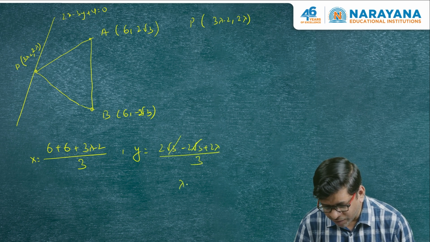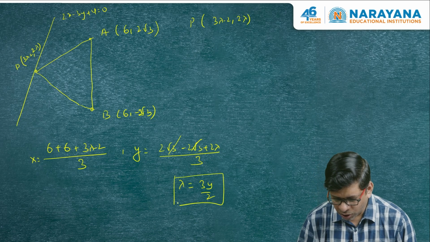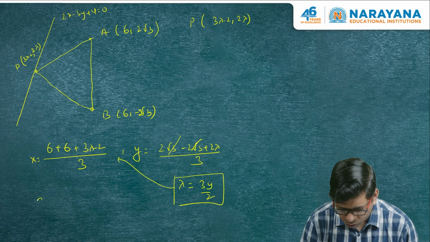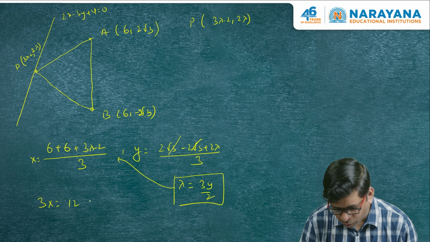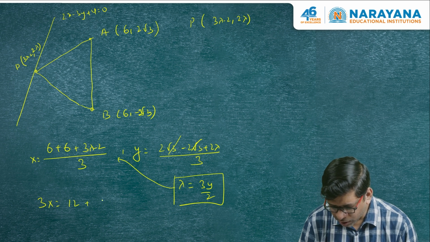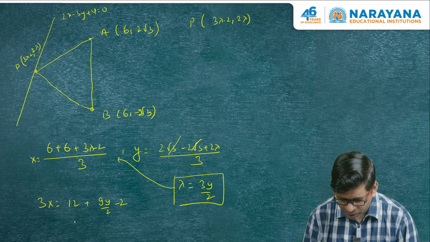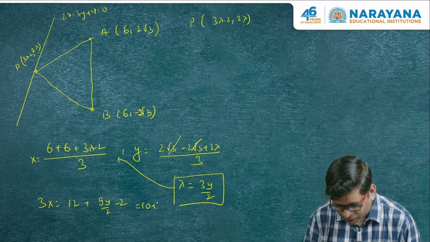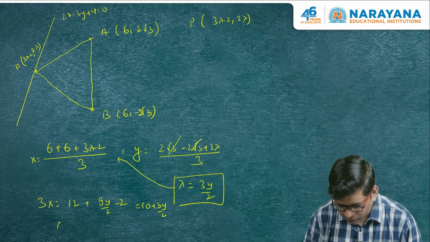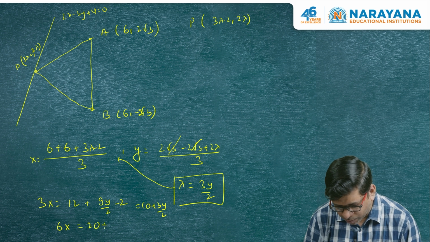So from here we get the value of lambda as 3y by 2. Put this value of lambda here. So 3x equals 12 plus 3 lambda, which means 9y by 2 minus 2. 12 minus 2 is 10, so this becomes 10 plus 9y by 2. Multiply by 2: 6x equals 20 plus 9y.